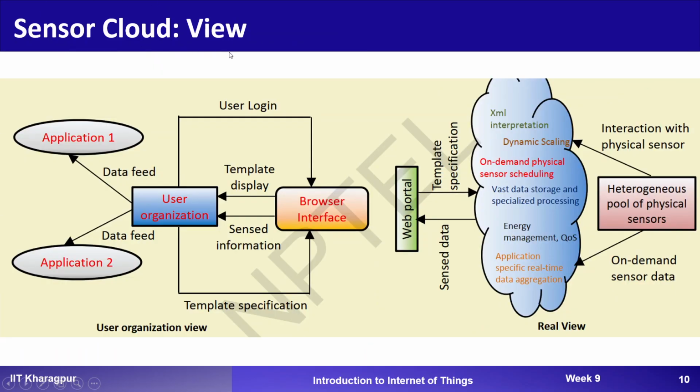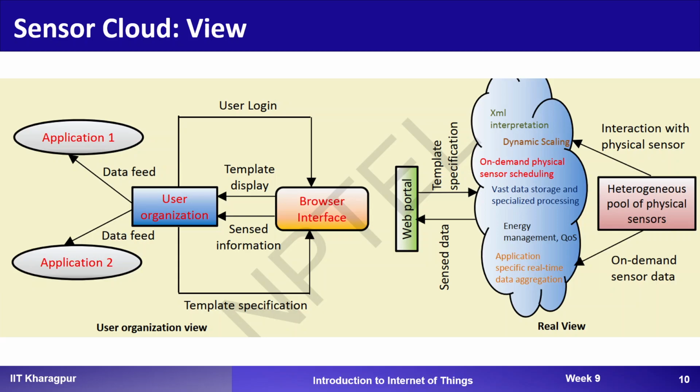Now the sensor cloud view. What actually is the real view of the sensor cloud, and what will the end user see? We will differentiate between those two views. In the user organization view, users are only able to see a browser interface, with the help of which they can access the sensor cloud.